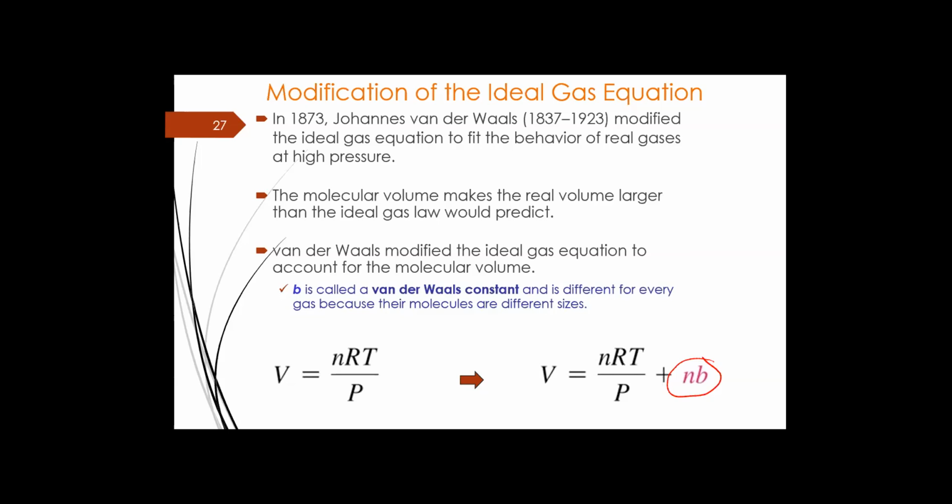Now, you don't have to memorize these new equations for the real gases, but you should know why they are impacted and how they are impacting things. That conceptual part is what we're trying to address.